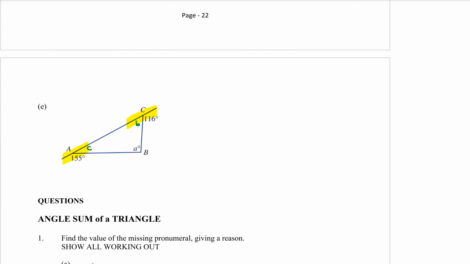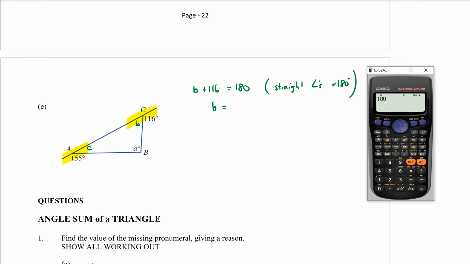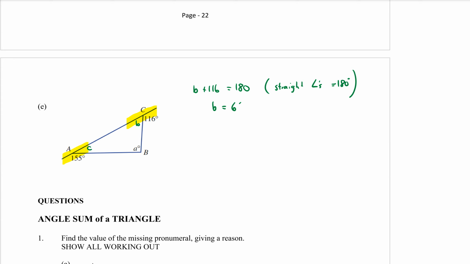To find B using the straight angle, I would say B plus 116 is equal to 180. That's using our straight angles are equal to 180 degrees rule. That means if I do 180 minus the 116, I find out that little b is 64. So this angle in here is 64 degrees.